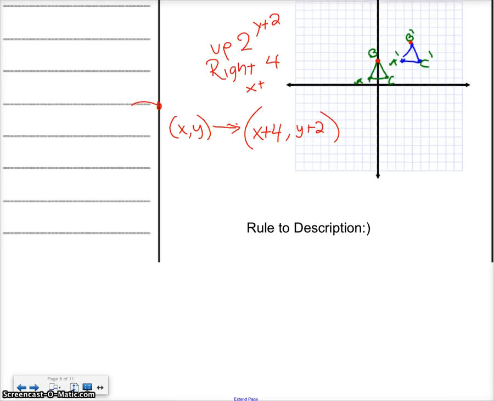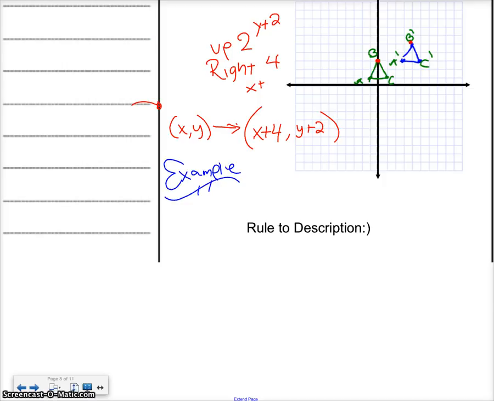Okay, so I want us to do one. I'm going to just kind of model one here. Let's pretend, so here's just another example. I'm going to write the description, and we are going to write the translated rule down. So you can take your whiteboards out, and I'm going to write the description.